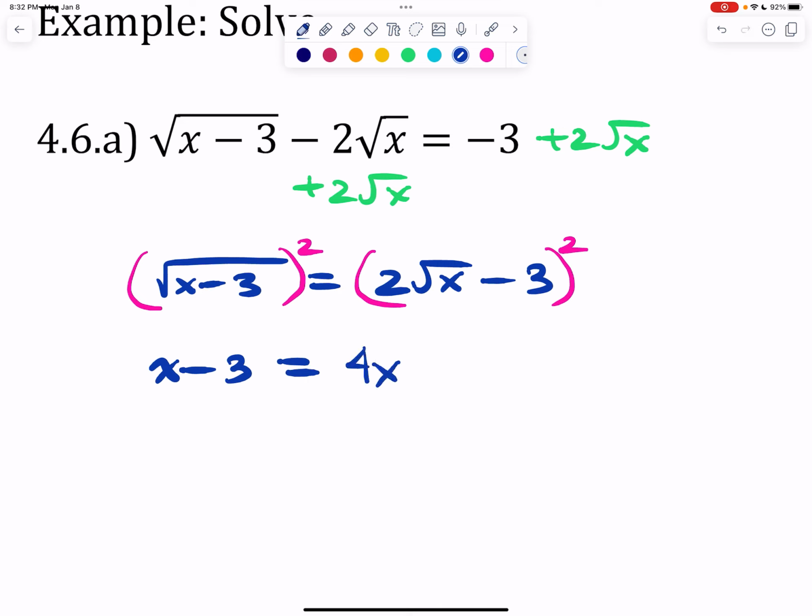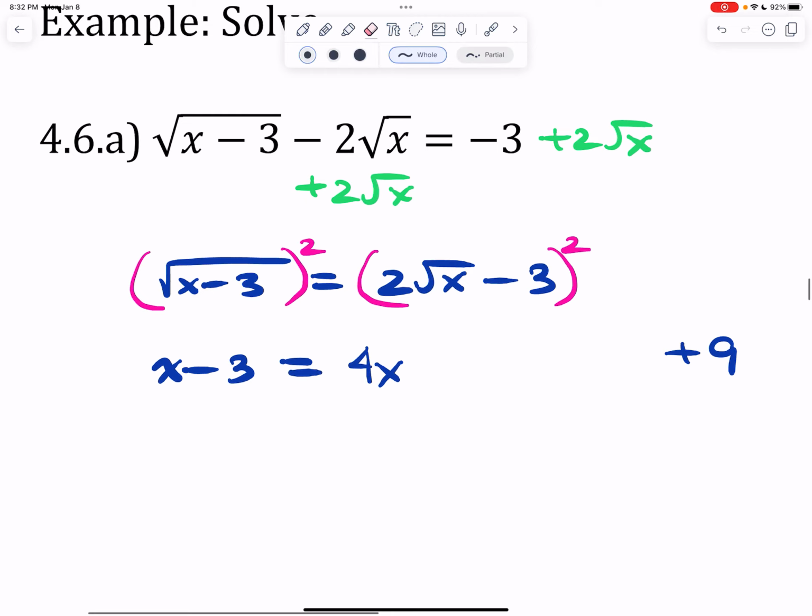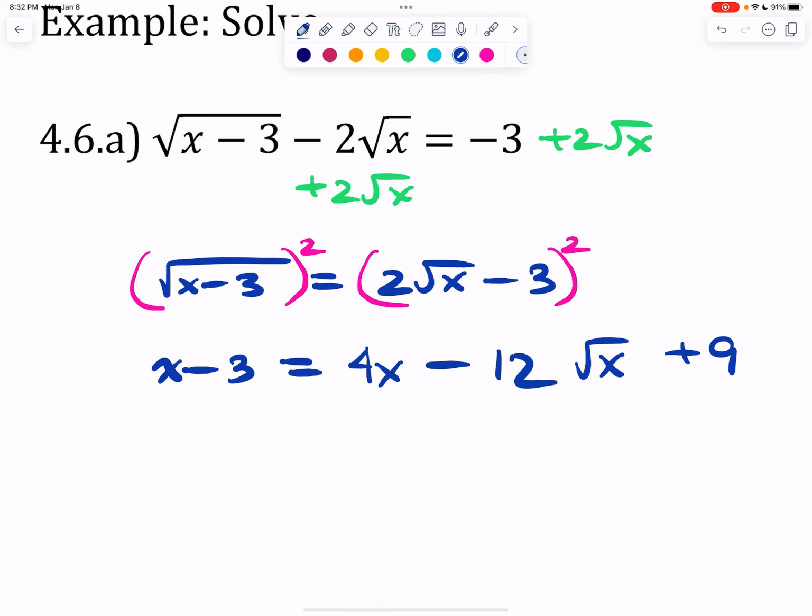We've got the last thing squared, so negative 3 times negative 3 is positive 9. And in the middle, 2 times their product. So 2 times 2 root x times negative 3. We're going to get some kind of root x in there. 2 times negative 3 times 2 is negative 12.